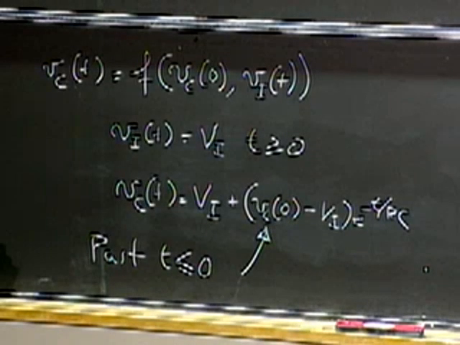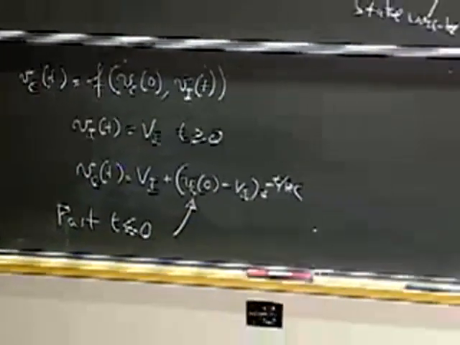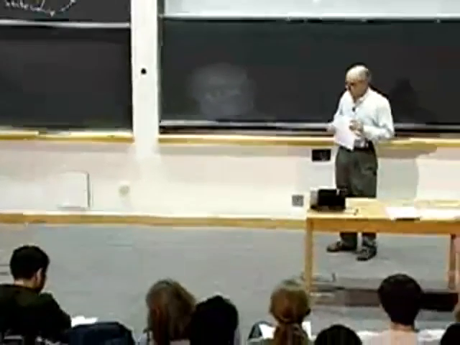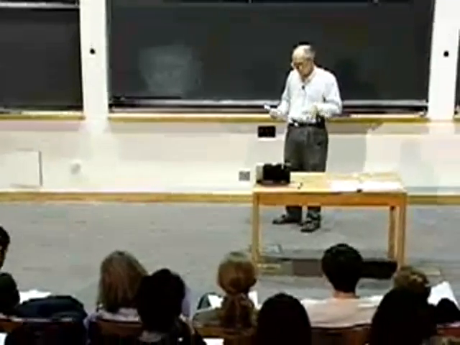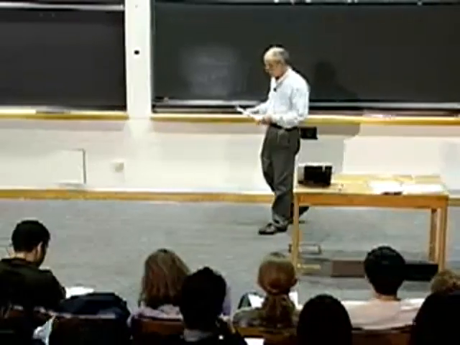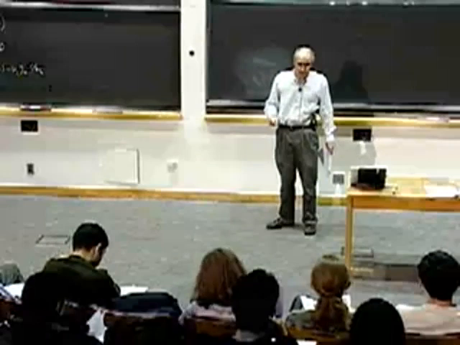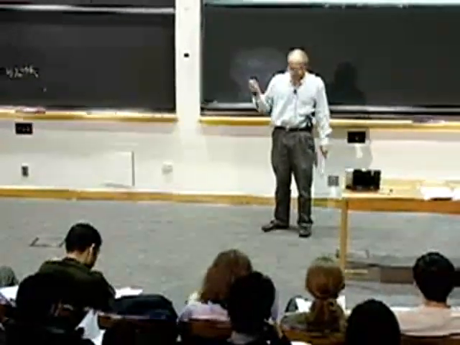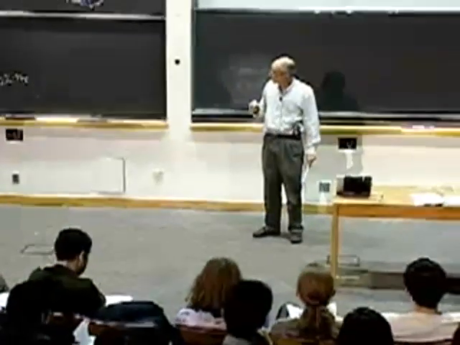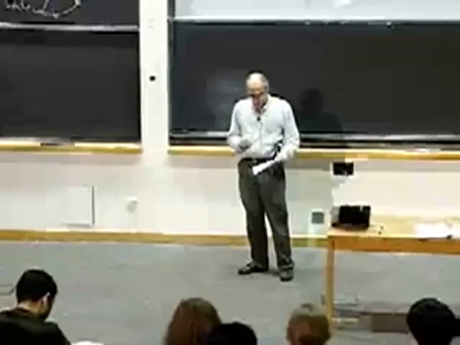So there is a fair amount of discussion in the text, and we don't go into great detail here, but it is both convenient for analysis and also interesting in many cases to look at the response of a linear network for two different conditions.